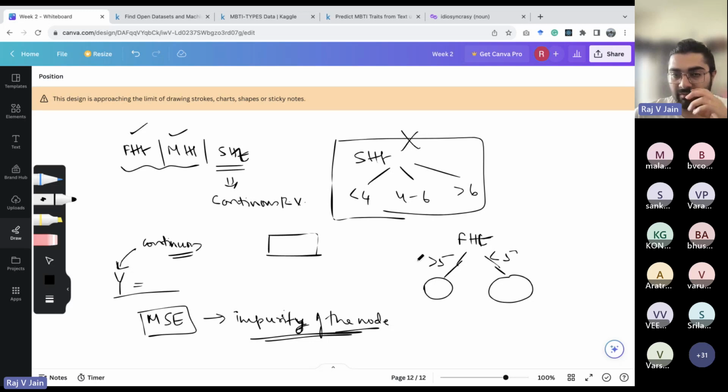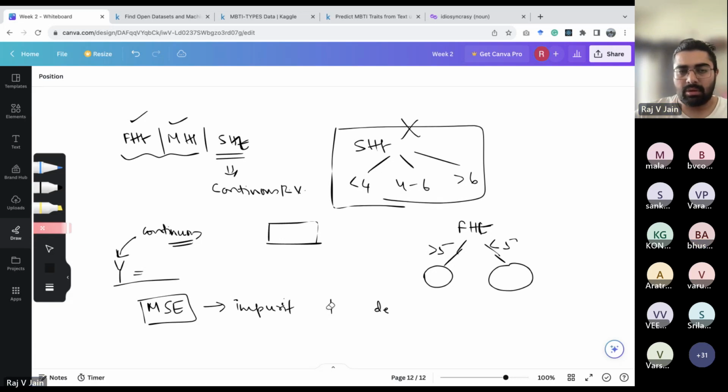Can we do it in the same way we did in the linear regression problem statement? Any thoughts on that?